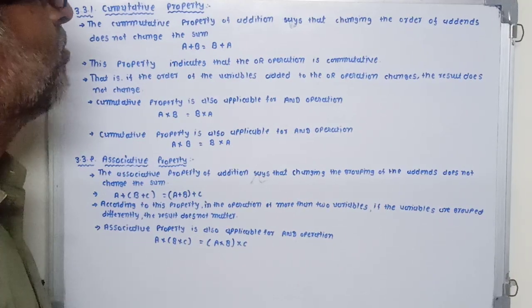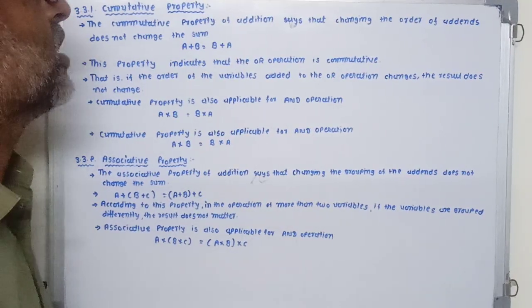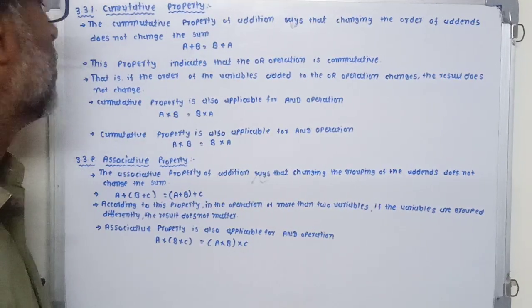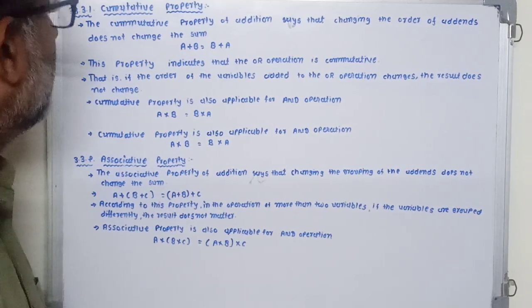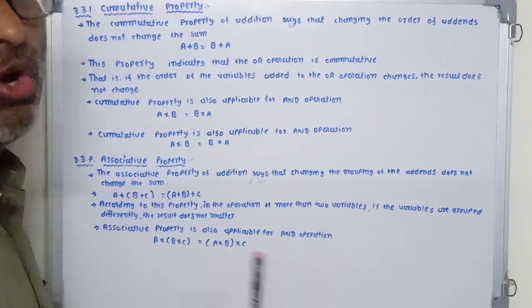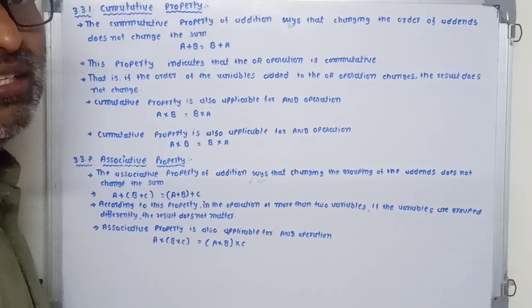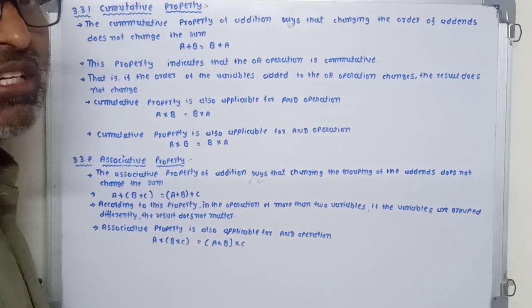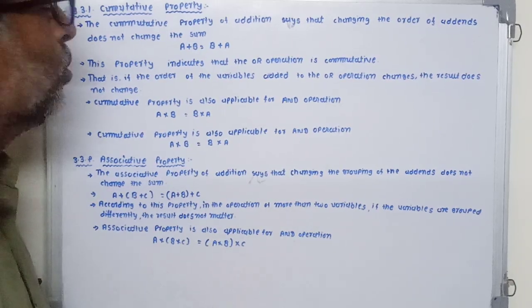That is, if the order of the variables in an OR operation changes, the result does not change. Similarly, the same property is also applicable for the AND operation. The AND operation indicates multiplication between two or more variables.